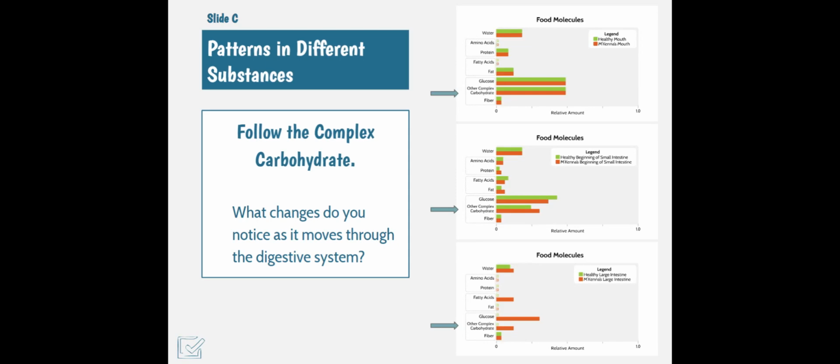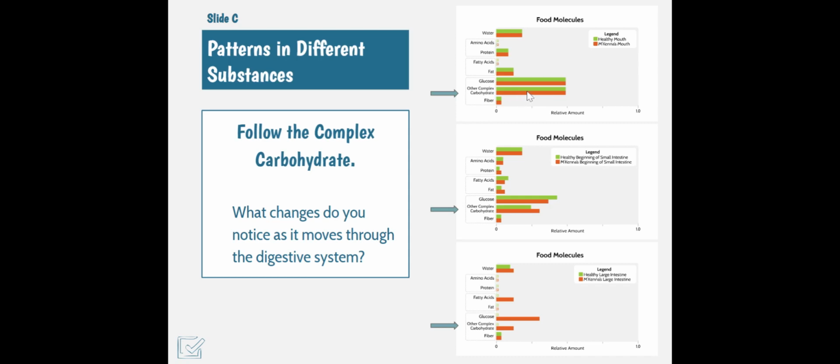All right, so some things we can look for. We have some patterns. So we're going to focus in first on the complex carbohydrates. So find complex carbohydrates on your graph. And then starting with the mouth, look at our levels. So healthy mouth is green on these pictures, McKenna's mouth is orange.